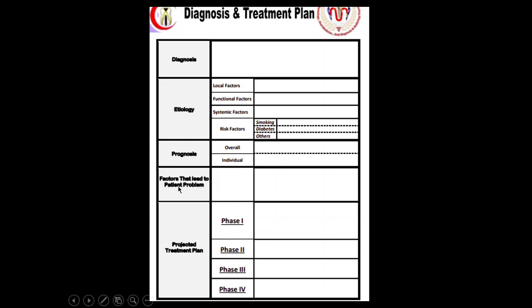Factors that lead to patient problems, for example, bad oral hygiene, diabetes mellitus, malpositioning of the teeth, or genetic predisposition in the case of aggressive periodontitis.